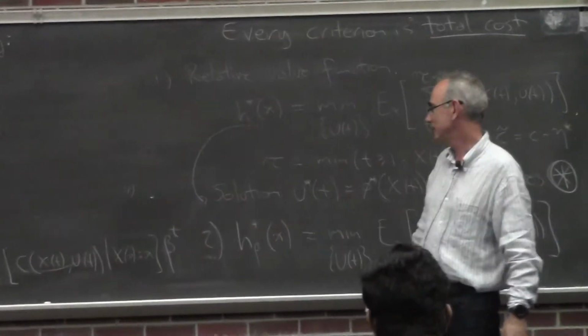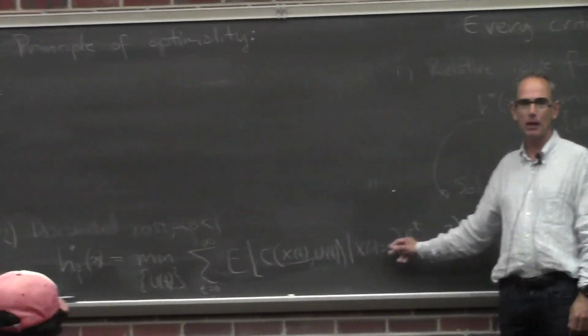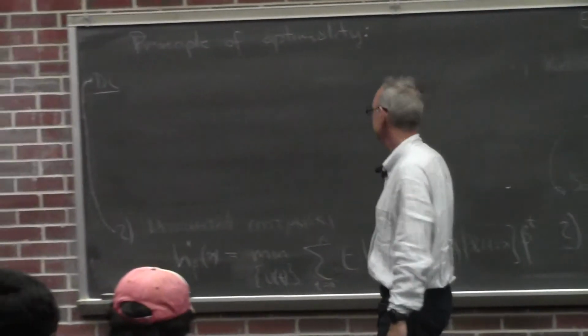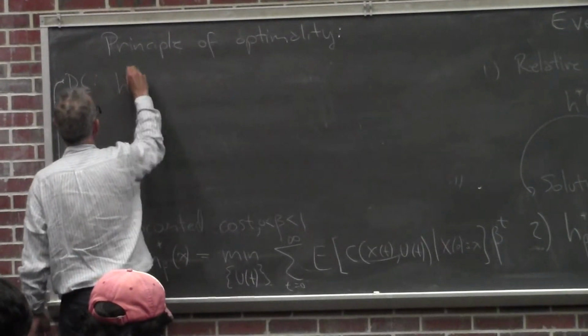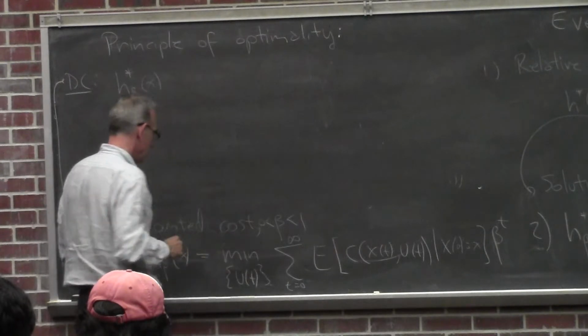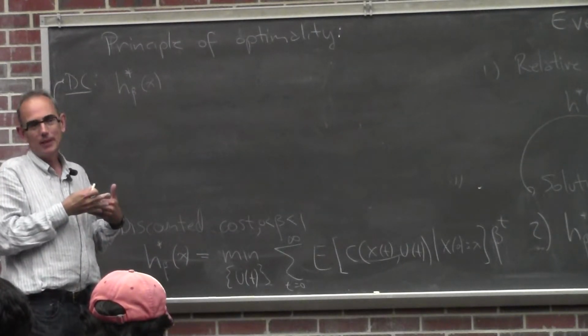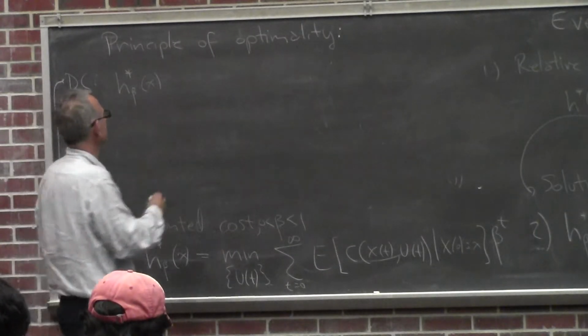In the stochastic case, of course, it's a bit trickier, but not that much trickier. You just break up this sum. So it's a minimum over all u's, and you just isolate u0, and then look at the remaining u's.